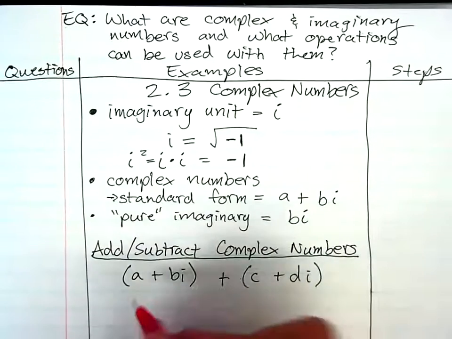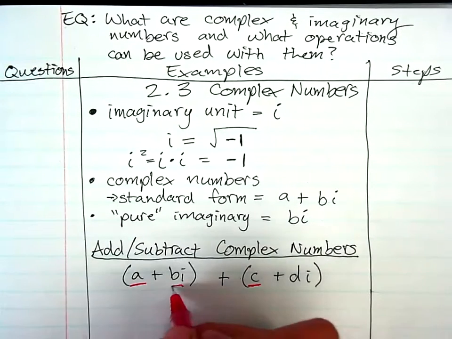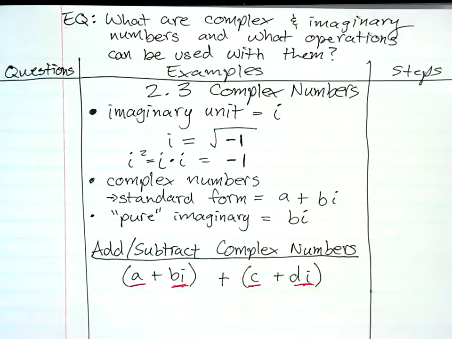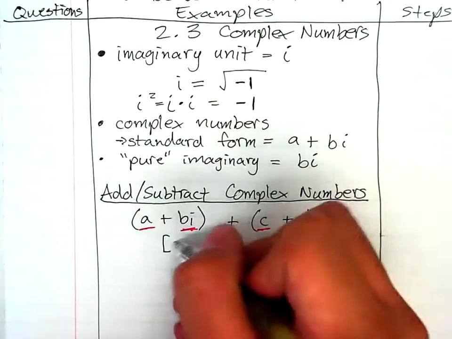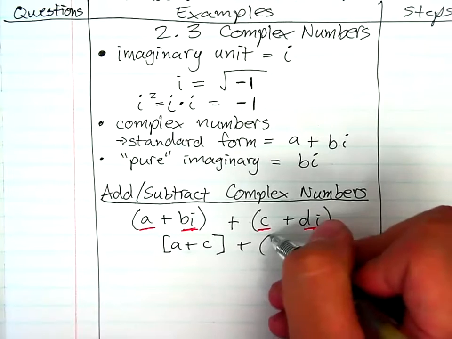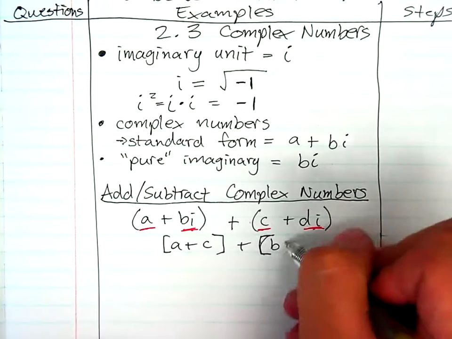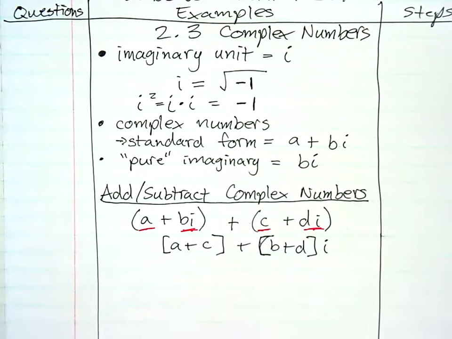So in this case, you're going to be combining a and c, my two real numbers, and then bi with di, my pure imaginary numbers. So with this, you end up combining a plus c, and then you have b plus d, all in front of i.